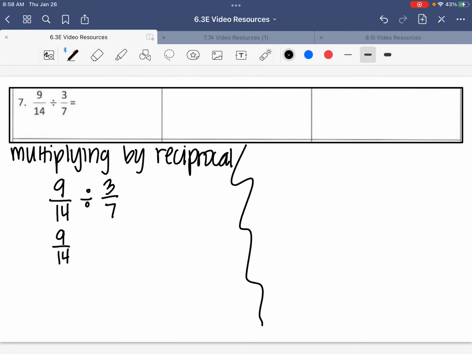The division becomes multiplication, and my reciprocal is when my denominator goes to the numerator and my numerator goes to the denominator. So now I'm multiplying by 7/3. So 9/14 times 7/3, and I do numerator times numerator, and 9 times 7 is 63. And then I have 14 times 3, so denominator times denominator, and that gives me 42.